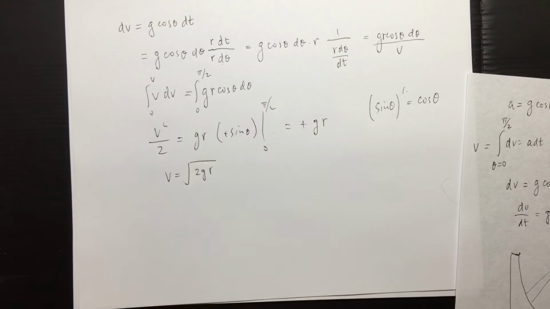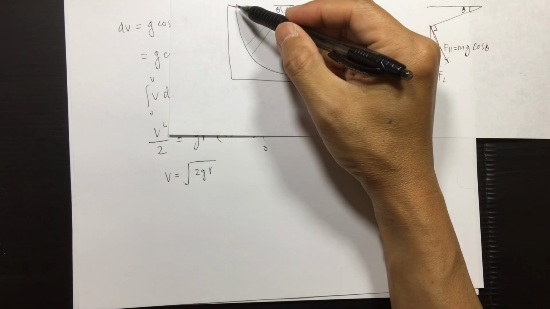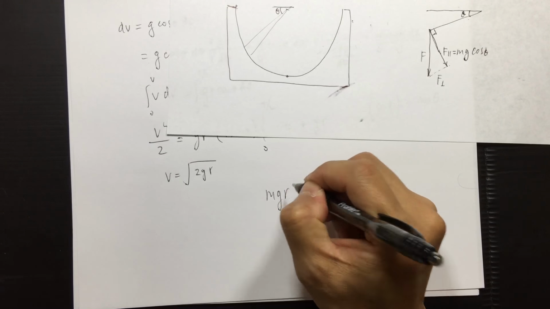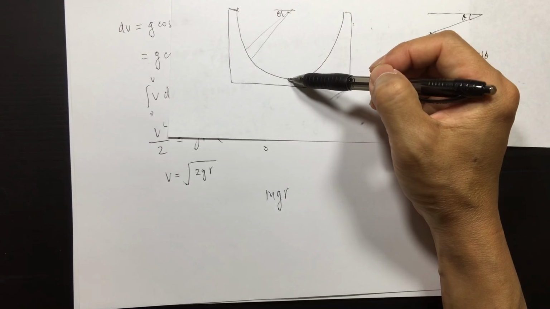the square root of 2gr, right? This is a little bit complicated, this process. They don't teach you this way in high school, college, whatever. The way they teach you is this ball here has a potential energy of mgr, and the ball is going to lose all of it here.